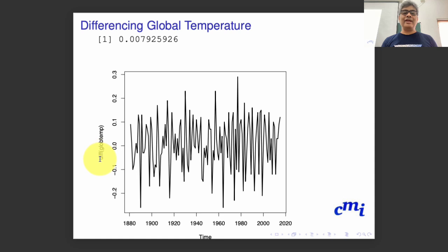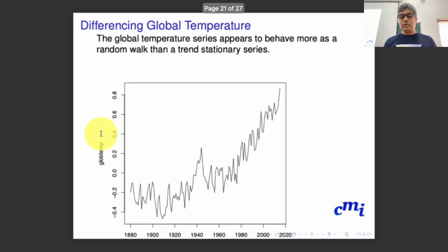If you just take the difference of the global temperature in this one line and plot it, it looks like a complete mean stationary process. So it was effectively already a residual process, an increasing trend residual process.